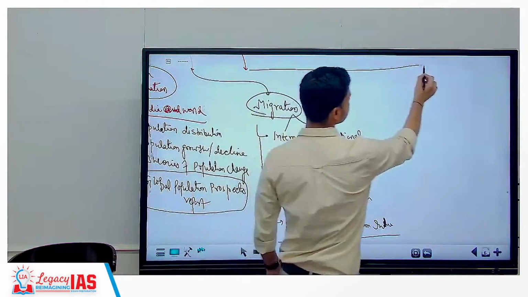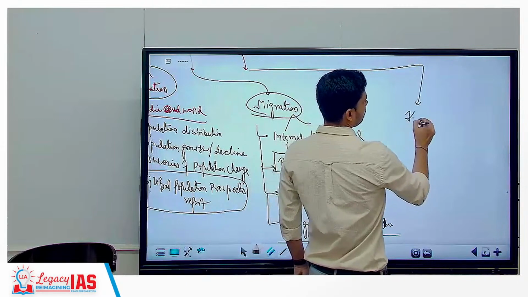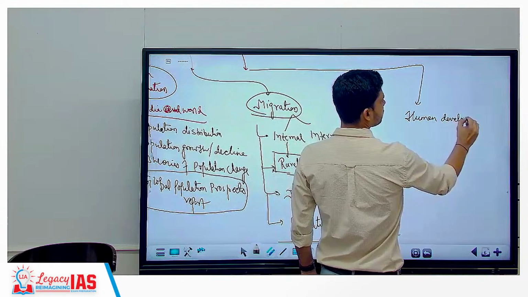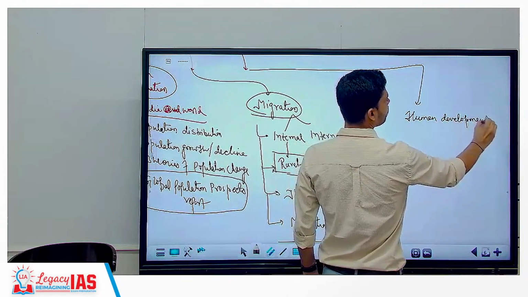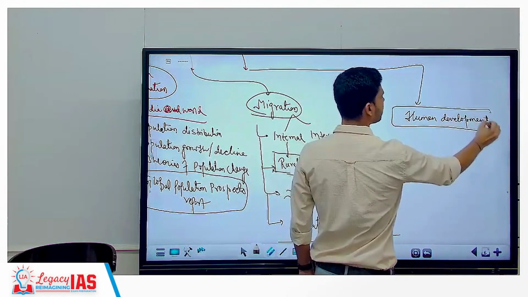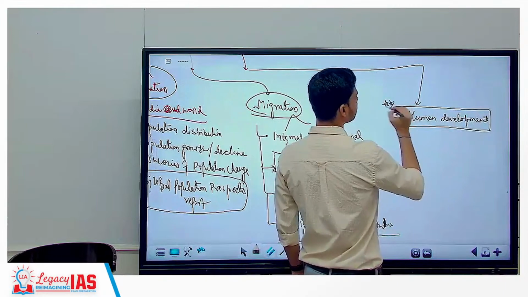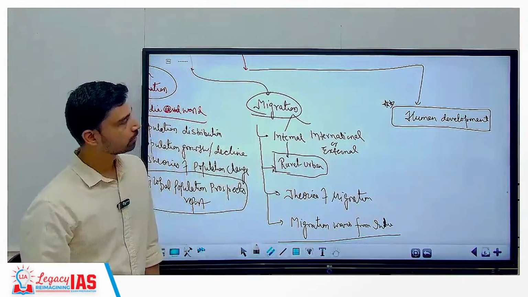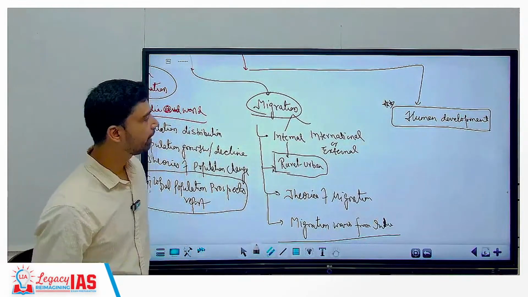And the last topic that we have to study is the concept of human development. Very, very important. Actually, this is the most important topic from the current affairs perspective, which you have to focus on. Concept of human development.